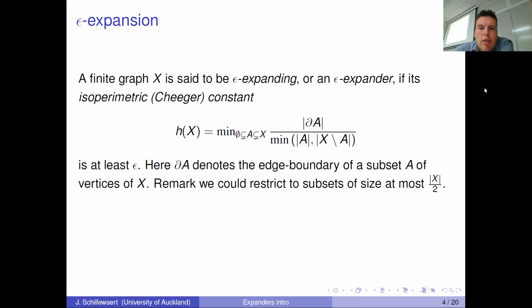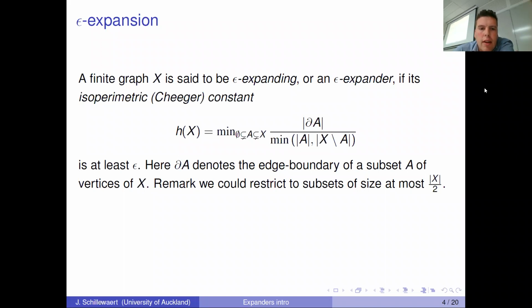So basically what we're going to look at is a subset A of the vertices of X. And our requirement was that such a subset had to be well connected to the other vertices. By partial A there, I denote the edge boundary. These are edges which connect vertices that are inside A with vertices that are outside of A. So if you're well connected, this will be a reasonably large quantity.